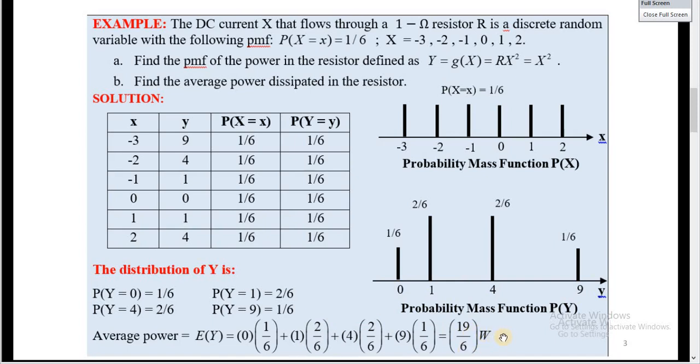So these two examples demonstrate how we find the probability mass function of a discrete random variable that undergoes a given transformation y equals g of x.